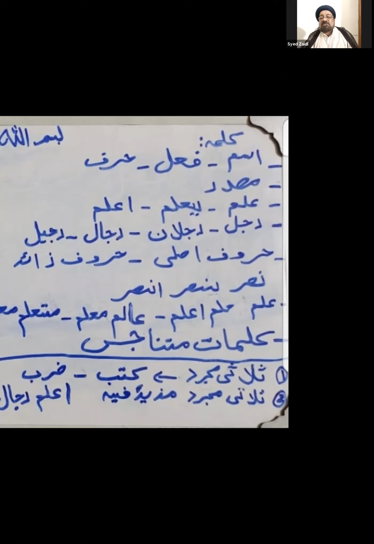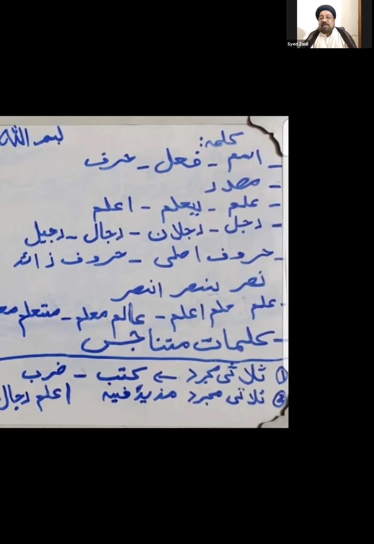Therefore, it's Nasr. Now, the first word that you see is from the past tense of a fa'al. Fa'al means verb. These tenses are from the past tense, which we are going to speak about later on. But at the moment, I'd like you to concentrate only on huruf asli and huruf zaid.